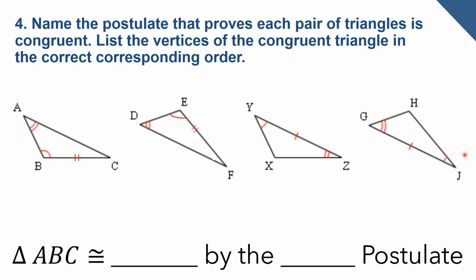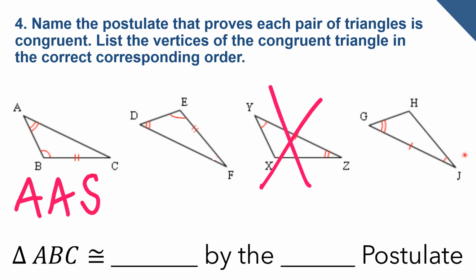So this one is not a contender. It's supposed to be angle, angle, side, and that one was angle, side, angle. The last one is also not a contender. Why do you think that is? What postulate is that triangle referencing? Angle, side, angle again, right? So the second triangle is our winner here. It's the triangle that's congruent to triangle ABC.